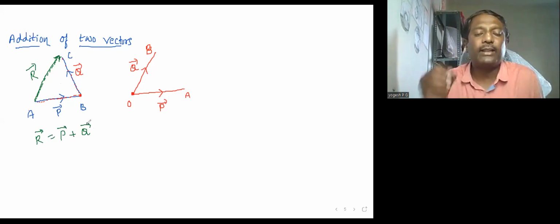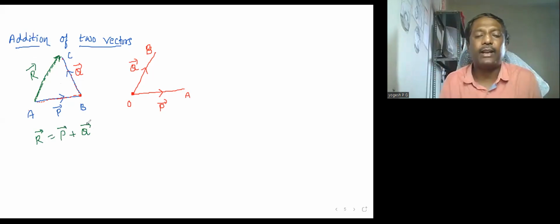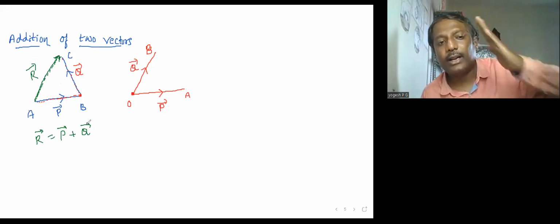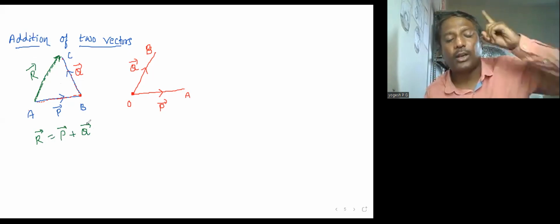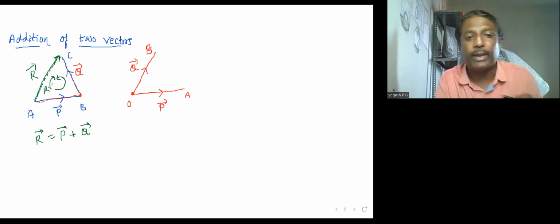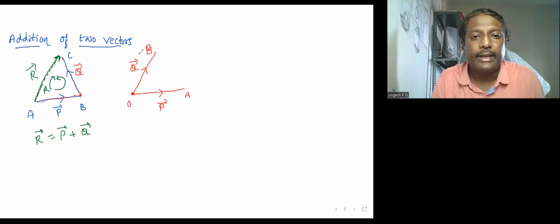So how to write the resultant vector for the triangle? You have to draw the third side of the triangle, but it must be written in the opposite order. In whichever direction P and Q are coming, opposite to that you have to show the resultant.